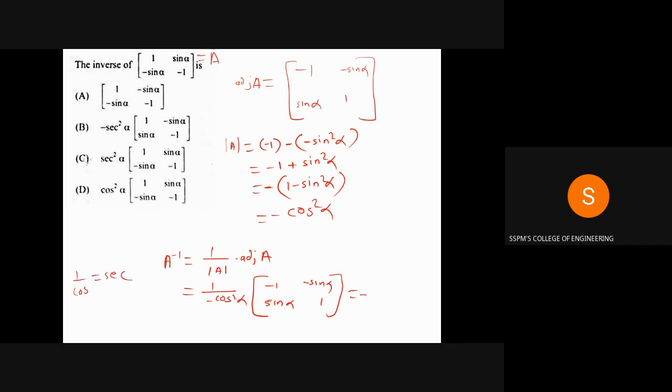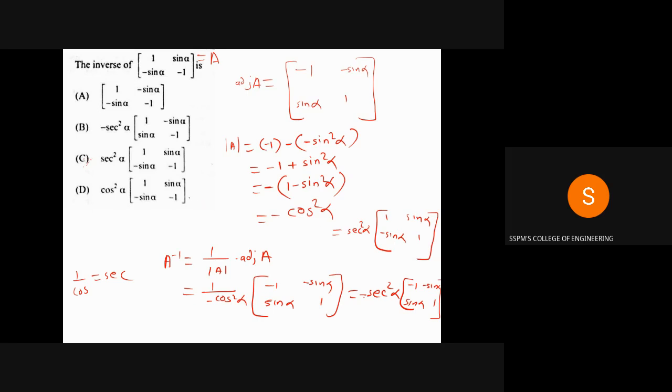Therefore, minus sec square alpha into bracket minus 1, minus sine alpha, 1. If we multiply this minus sign inside the matrix, we get sec square alpha into 1 sine alpha, minus sine alpha 1. So this will be the answer.